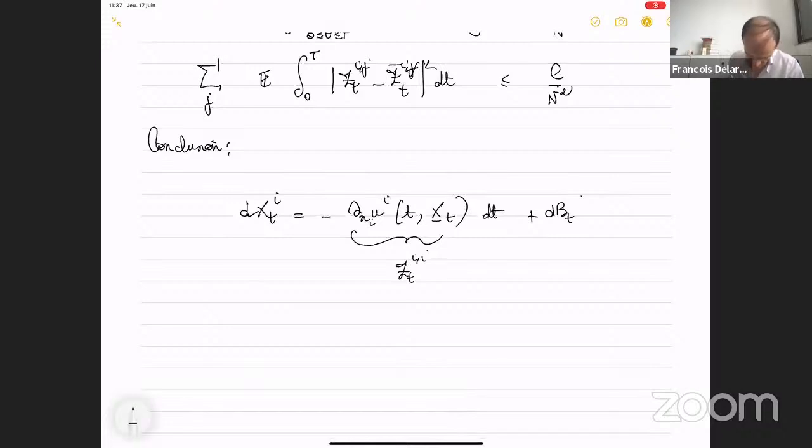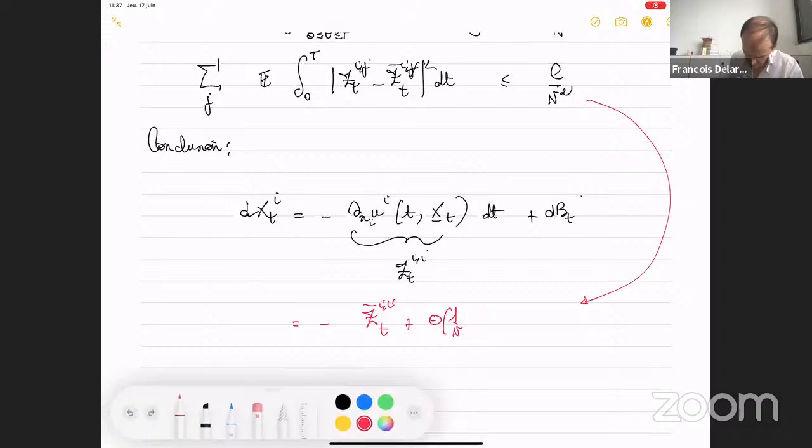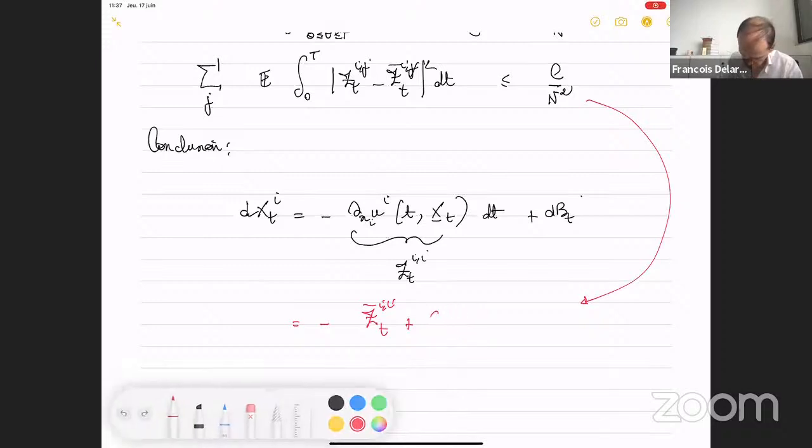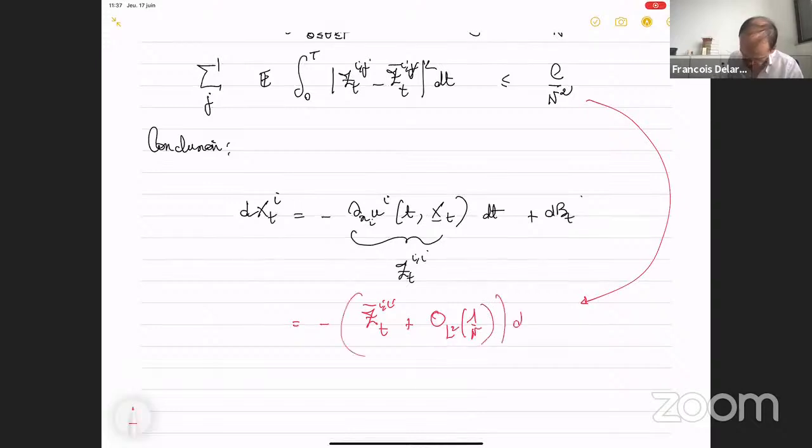And so what you know from the previous line is that this is minus z bar^i_t plus O of 1 over n. This is O in L2, but this is okay to have this in L2 and not in sup norm. So don't worry about this. Okay, dt.